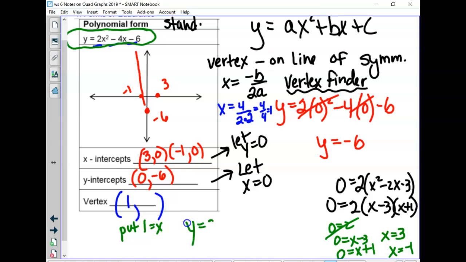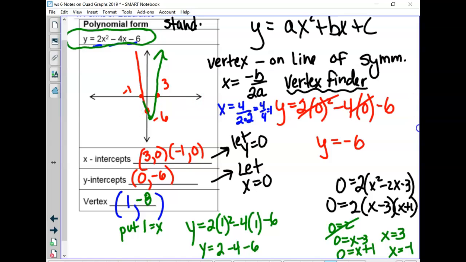So it'll be y equals 2 times 1 squared minus 4 times 1 minus 6, which would be 2 minus 4 minus 6, which is negative 8. How did I do? 2 minus 4 is negative 2, minus 6 is negative 8. Okay, so the vertex is actually a little further down here.